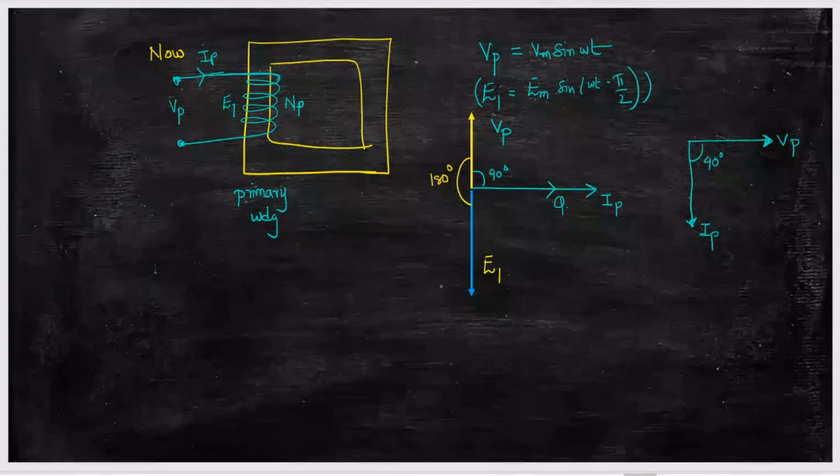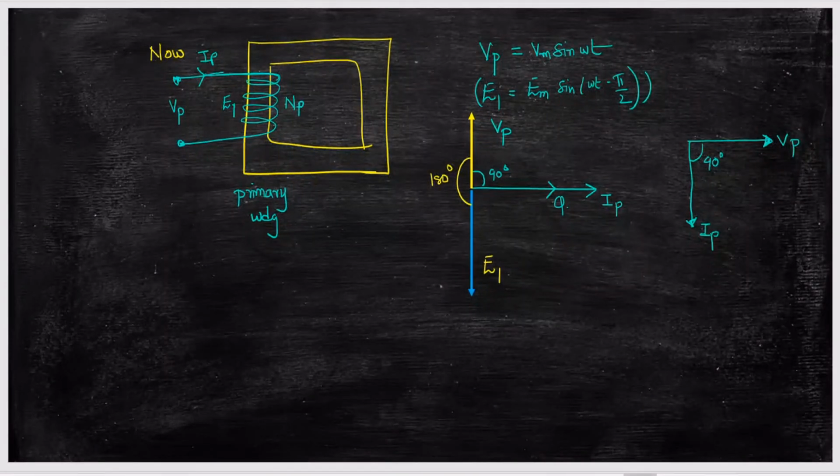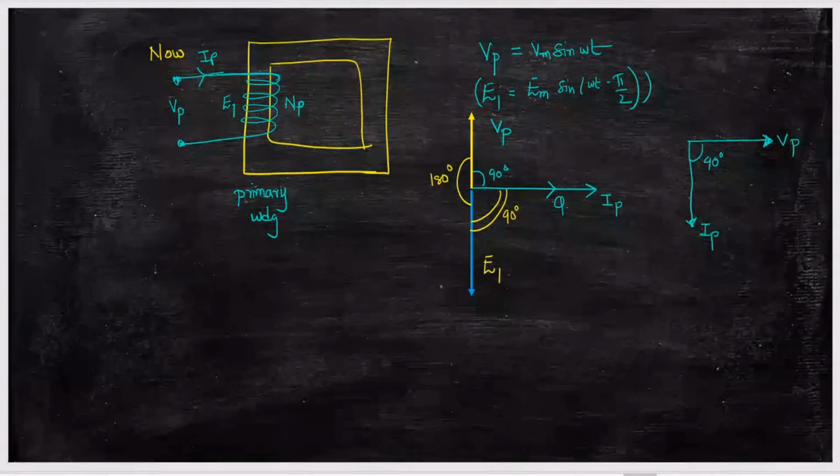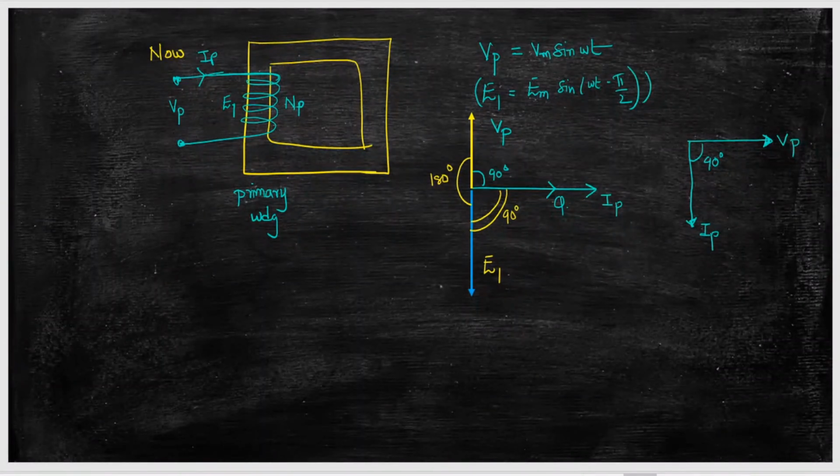Ip is a vector, phi is a vector, and with respect to phi, your E1 is lagging by 90 degrees. Already Vp is lagging Ip by 90 degrees. So this is the vector representation of the transformer on the primary side. All are primary side quantities.